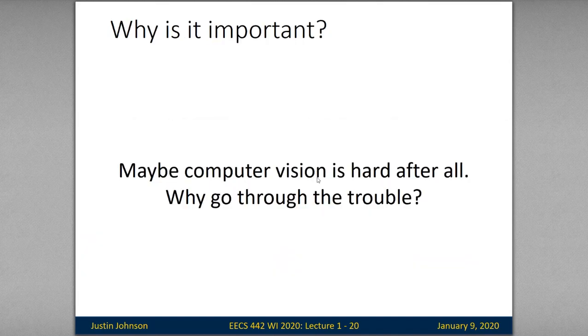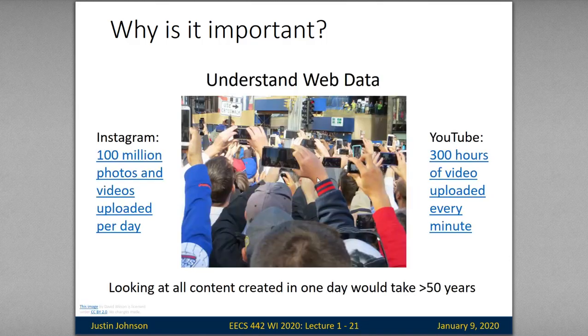Now, since all of this is so hard, it's also fair to ask, why do we want to go through all this trouble to make computers capable of mastering all of these types of image recognition problems? Well, one good example why we want to do this is the efficiency of a computer.